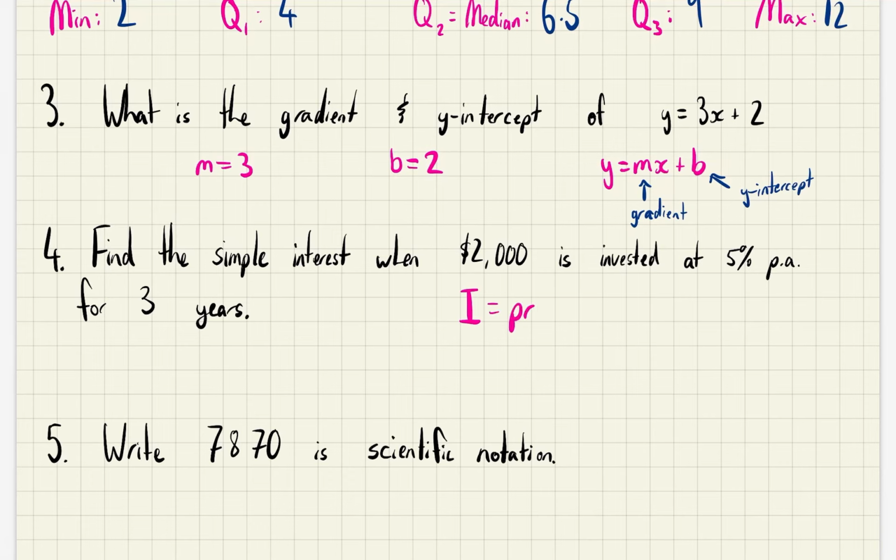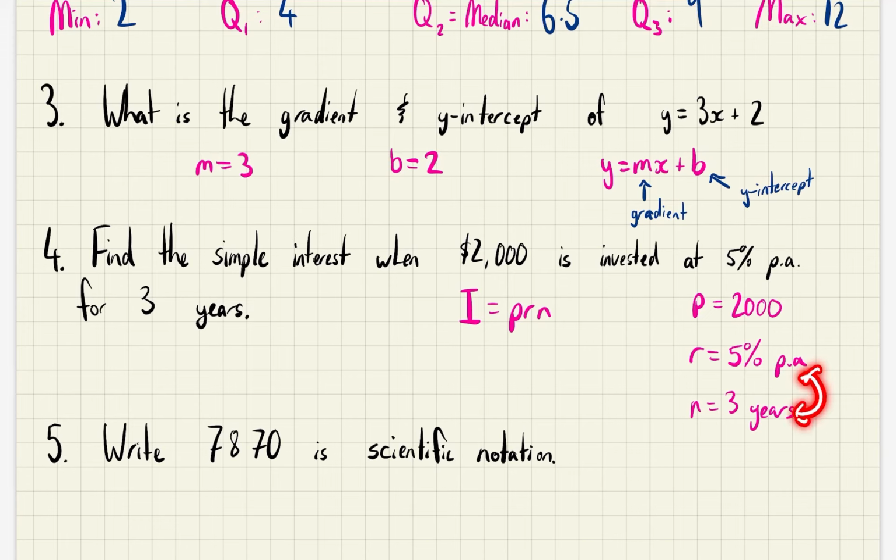For question 4, find the simple interest when $2,000 is invested at 5% per annum for 3 years. Well, the simple interest formula is I is equal to PRN. Not the compound interest formula, but the simple interest formula. So the principal is 2,000. The rate is 5% per annum, and N is 3 years.